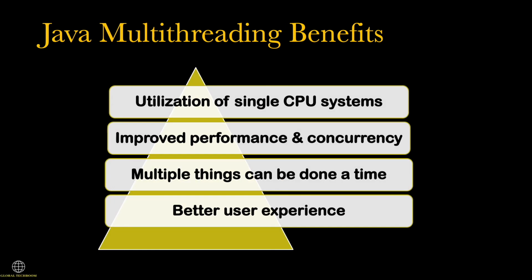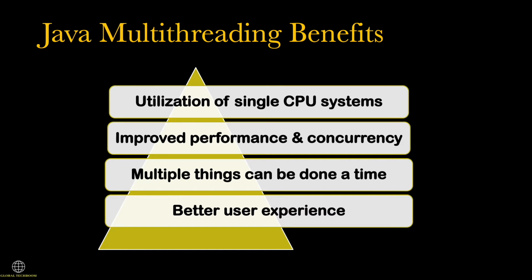Let's see the benefits of multithreading in Java. When there is only one CPU in the system with a single thread, then the CPU time is wasted. When the thread is busy using other resources, the CPU is idle. To better utilize the CPU, multi-threaded applications can be used.